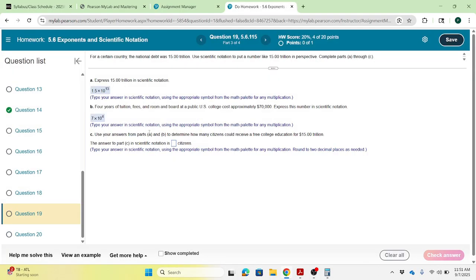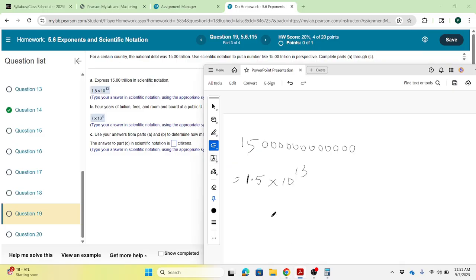Use your answers from part A and B to determine how many citizens could receive a free college education for 15 trillion. So the college 4-year tuition fees is 7 times 10 to the power 4 dollars. And how many? You have to divide A by B. That means you have to divide 1.5 times 10 to the power 13 by 7 times 10 to the power 4. You can do this.